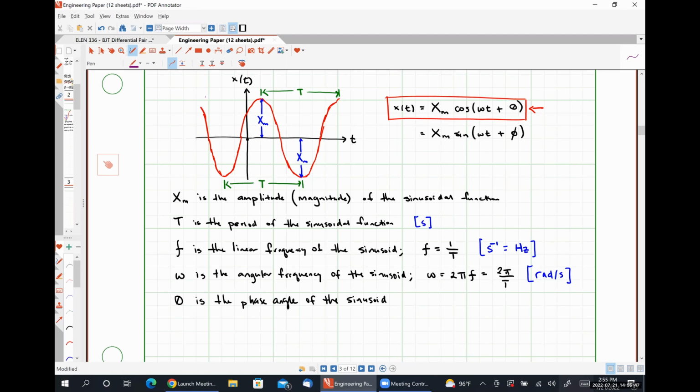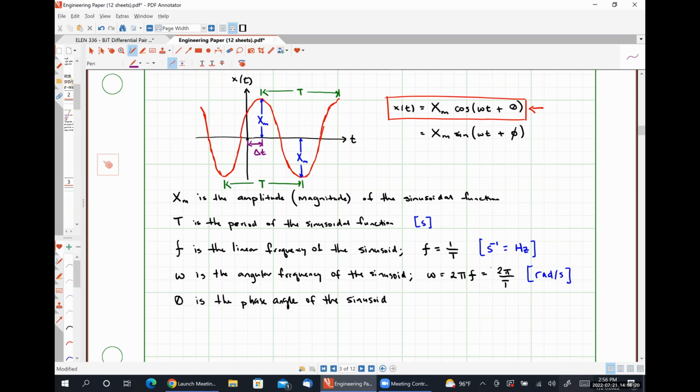Instead, the peak value of our sinusoidal function has been shifted to the right by some amount, which I'm going to call delta t. Okay. Well, this value delta t is directly related to the phase angle and the angular frequency.